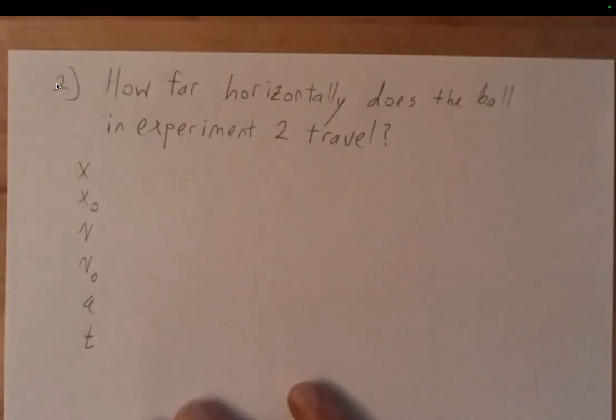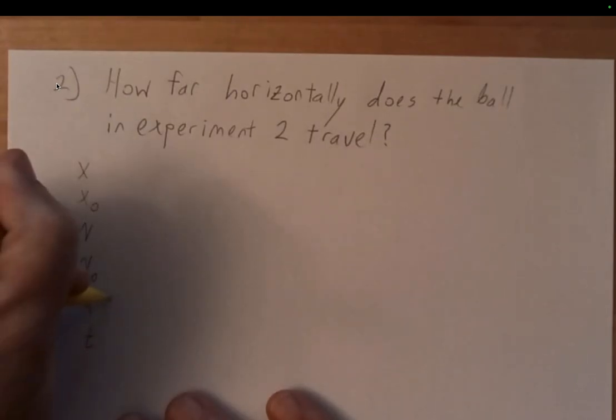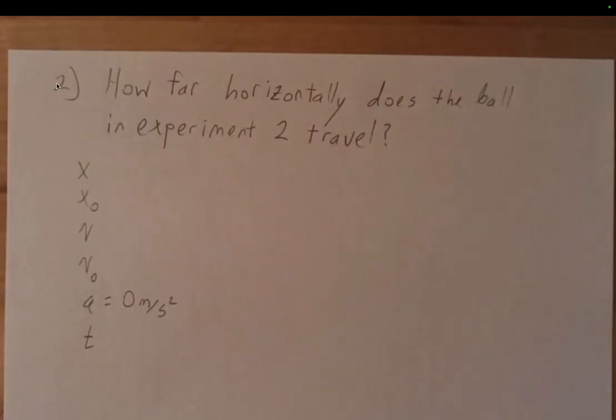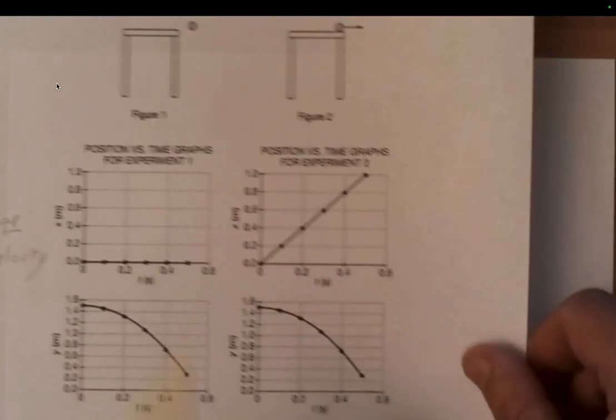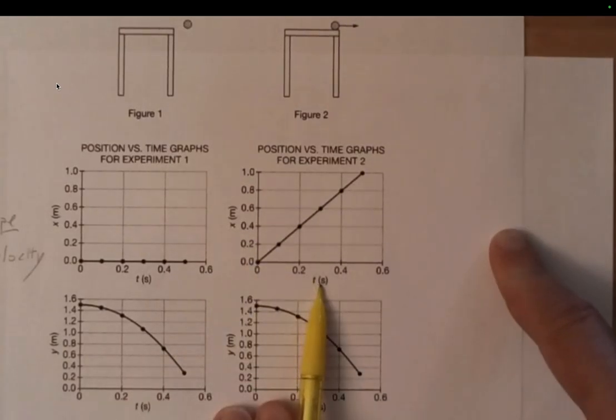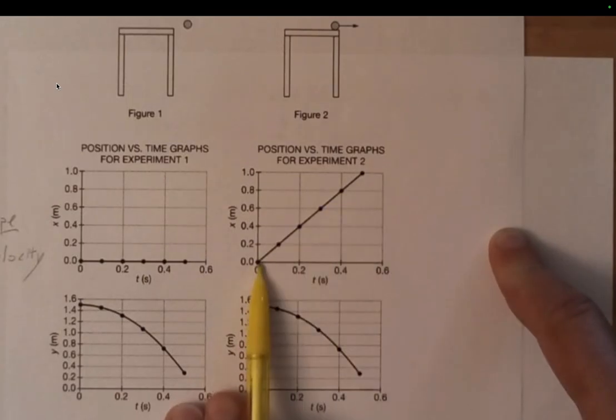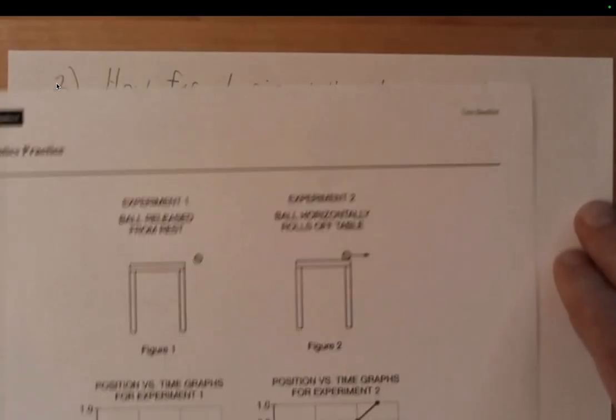In the horizontal direction, we know the acceleration is 0 meters per second squared, and we can see graphically that position versus time is a linear relationship, therefore there is no acceleration.